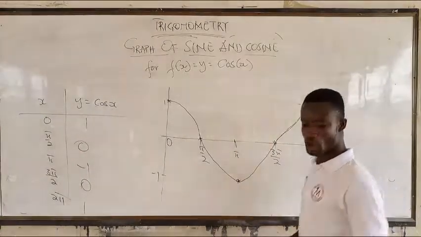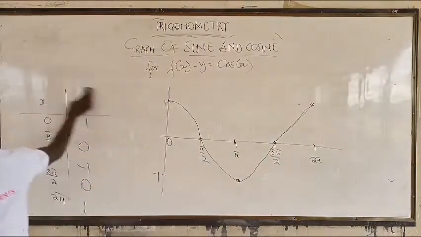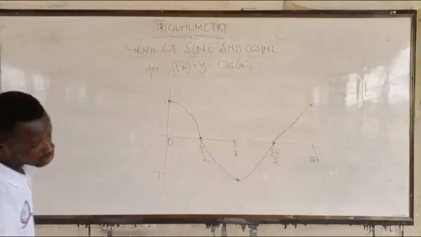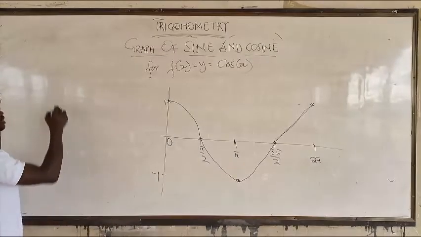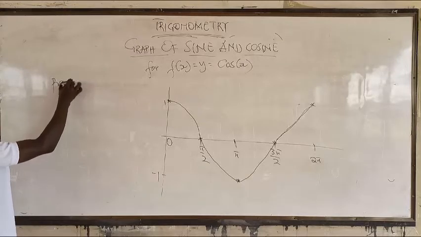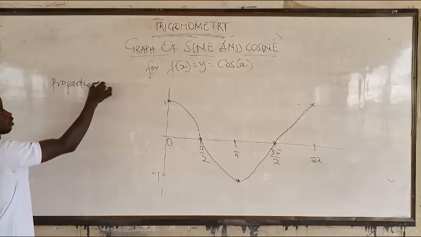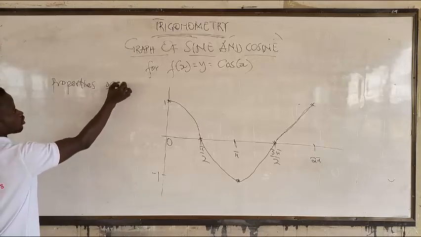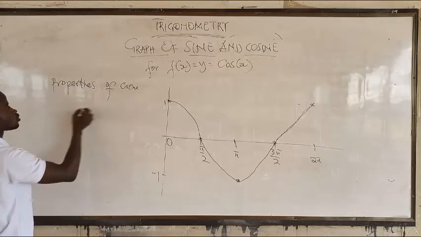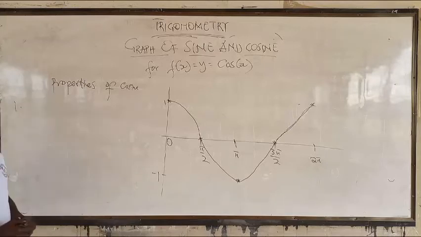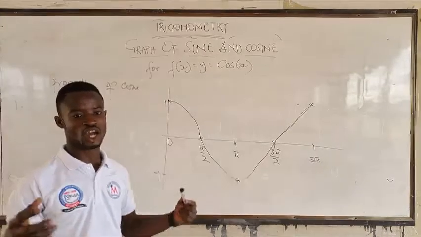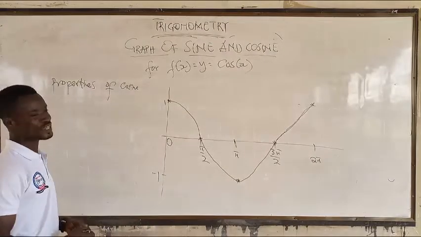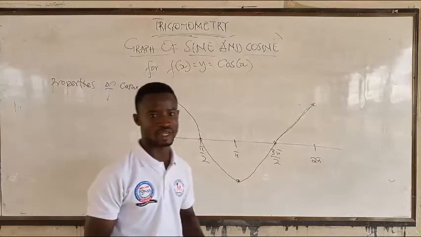So for the cosine curve, one, the graph is continuous on its entire domain.